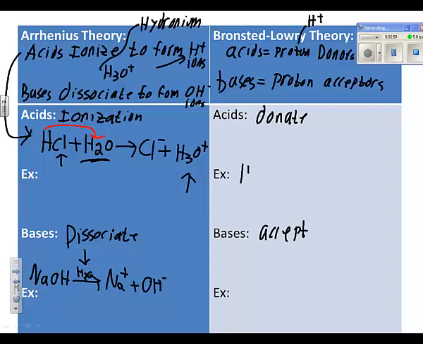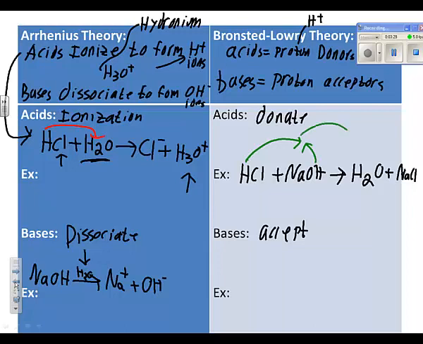I'm just going to do one big example for you guys because it makes more sense when you see it all together. We take our HCl from the last acid plus an NaOH, just like the base we used in the last example. What's going to form is an H2O and an NaCl. So what happened is, I'll do this in green, the acid, HCl, hydrochloric acid, donated its hydrogen to sodium hydroxide, which dissociated into OH.